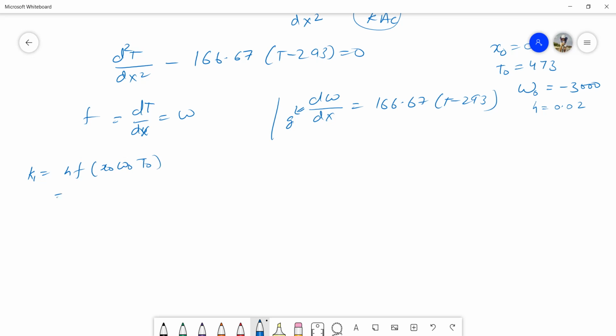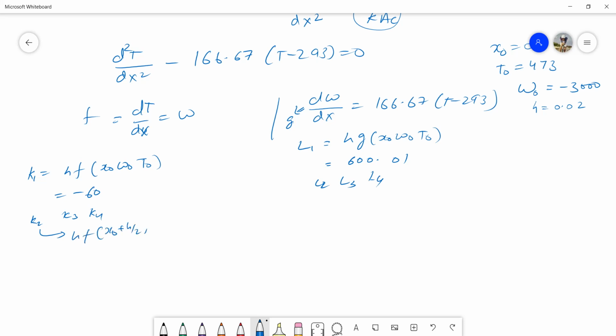So K1 comes out to be minus 60. Similarly, L1 is h times G at x naught. So L1 comes out to be 0.1. Similarly, K2, K3, K4 you can calculate, and L1, L2, L3 and L4 you can calculate. For K2 you have h times F of h by 2, L1 by 2 and T naught plus K1 by 2.